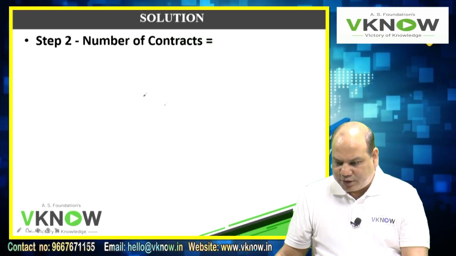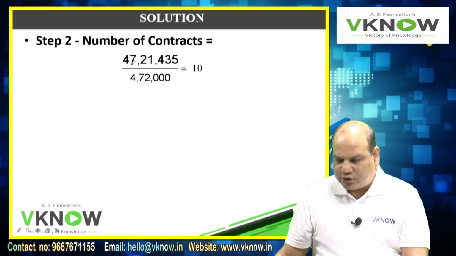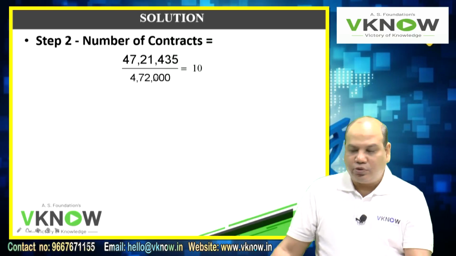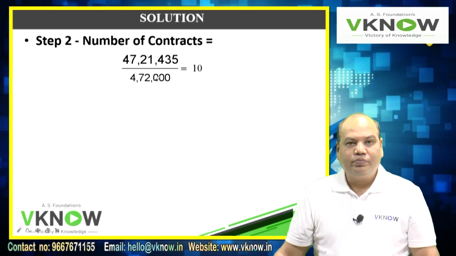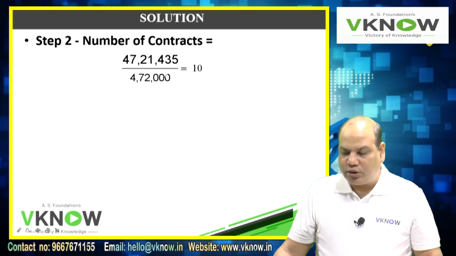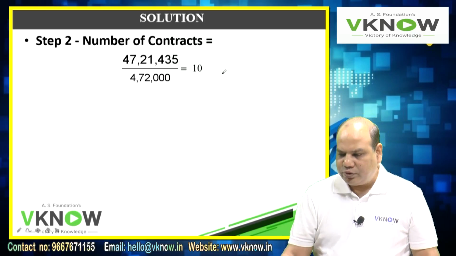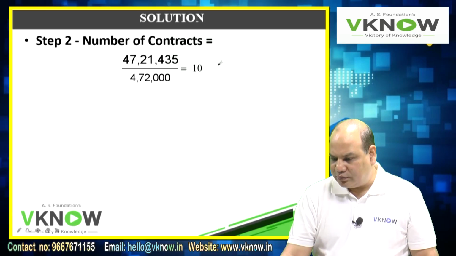Then write down step 2, number of contracts. Number of contracts will be 47,21,435 divided by 1 contract size, which is 4,72,000, and that is equal to, rounded off, 10 contracts.